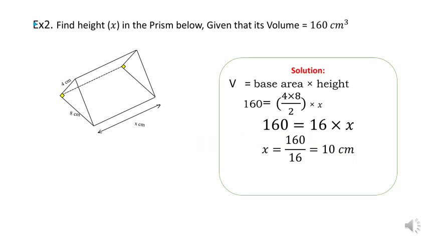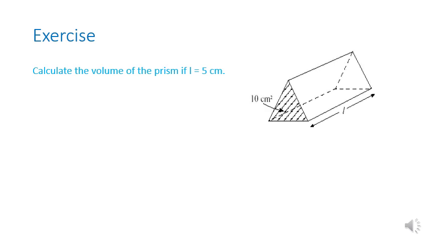So we continue. Okay, go to the exercise, class. This exercise I want you to do by yourself, but I just want to explain a little bit. I want you to calculate the volume of this prism if L equals 5 centimeter. Look at the figure, class.